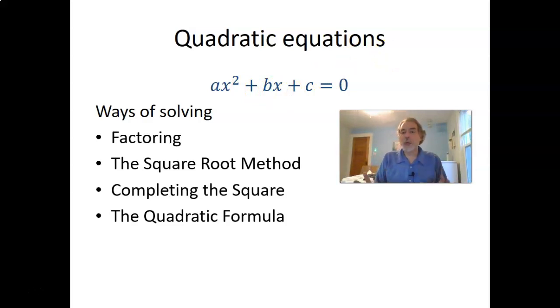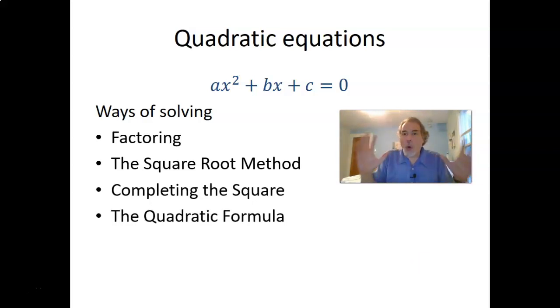And in this section, we're going to talk about 4 ways of solving quadratic equations. You can solve them, or at least some of them, by factoring. You can solve them, or at least some of them, by the square root method. You can solve them by completing the square, and you can solve them by using the quadratic formula.